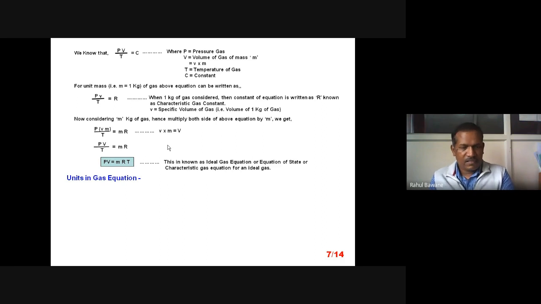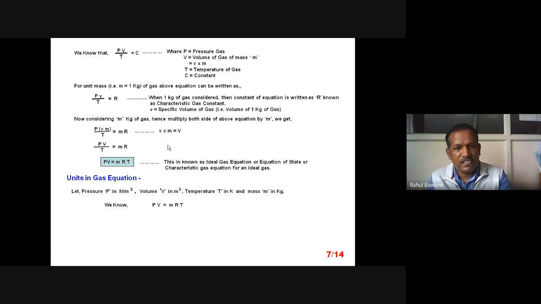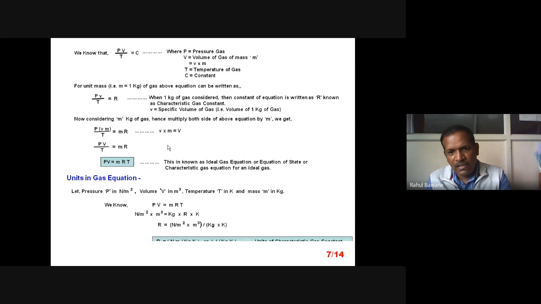Now the unit of this characteristic gas constant. We know that the basic unit of pressure is Newton per meter square, volume is measured in meter cube, temperature's basic unit is Kelvin, and mass is in kg. So we can put all the units of these parameters except capital R. To find out the unit of capital R, we shift everything, and wherever it is possible, we cancel that particular term and rearrange our units.